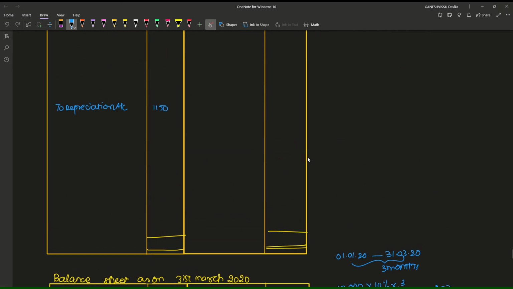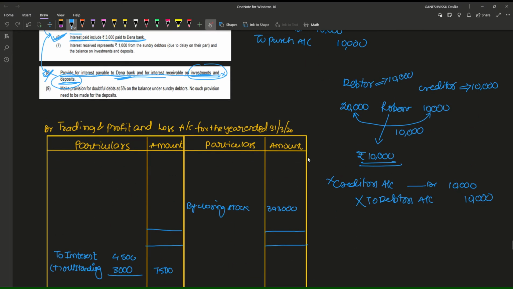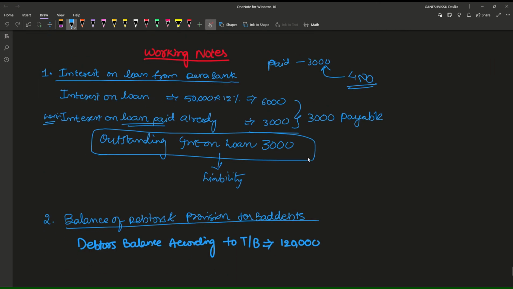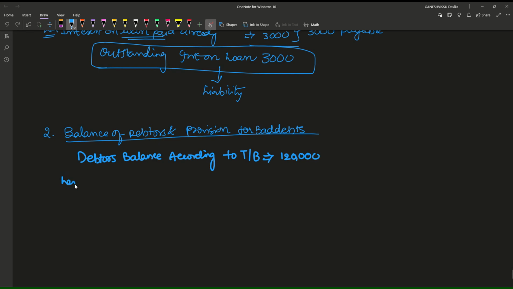And what we need to do here, as I have already said, is set off this credit debtors also by 10,000. So less: set off Robert by rupees 10,000. We need to deduct this value, so I'm keeping it in brackets, and we also need to deduct the sales returns from customers.